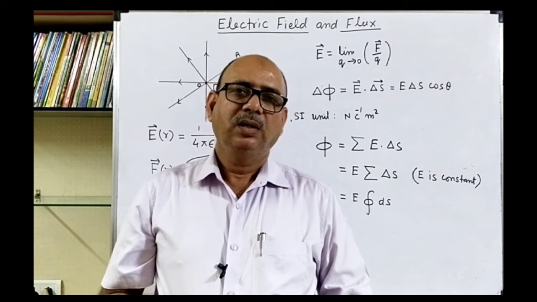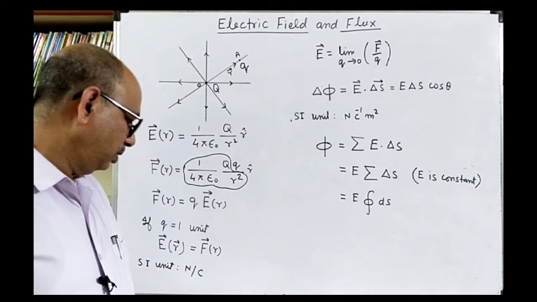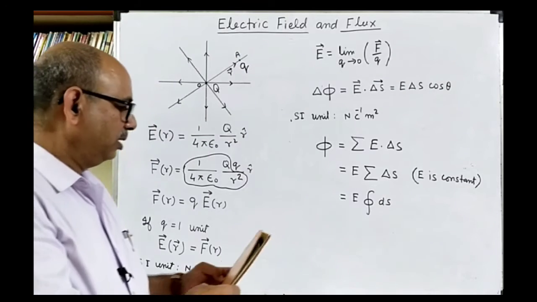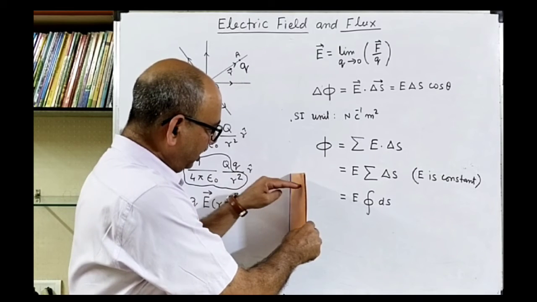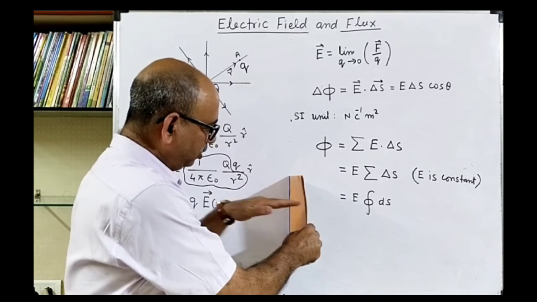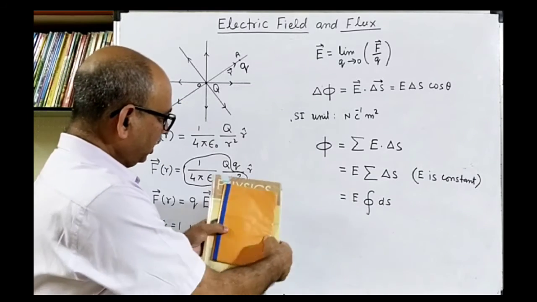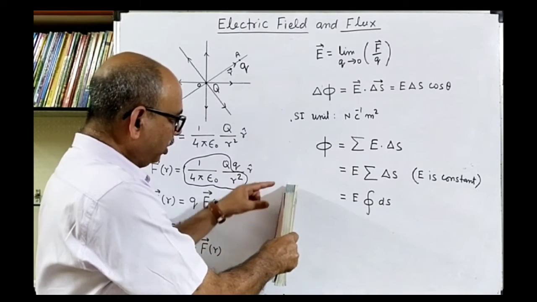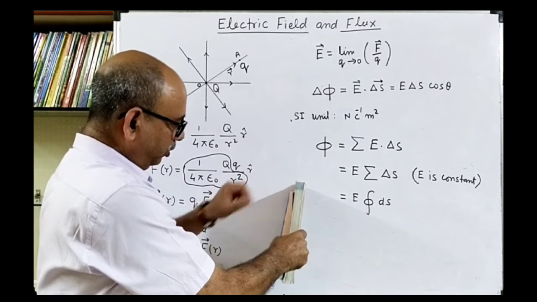Let's see how its dependency is on the surface chosen. Suppose we have taken this surface and n electric field lines are crossing perpendicular to it. If we increase the surface, then more and more lines will cross the surface, the larger book.